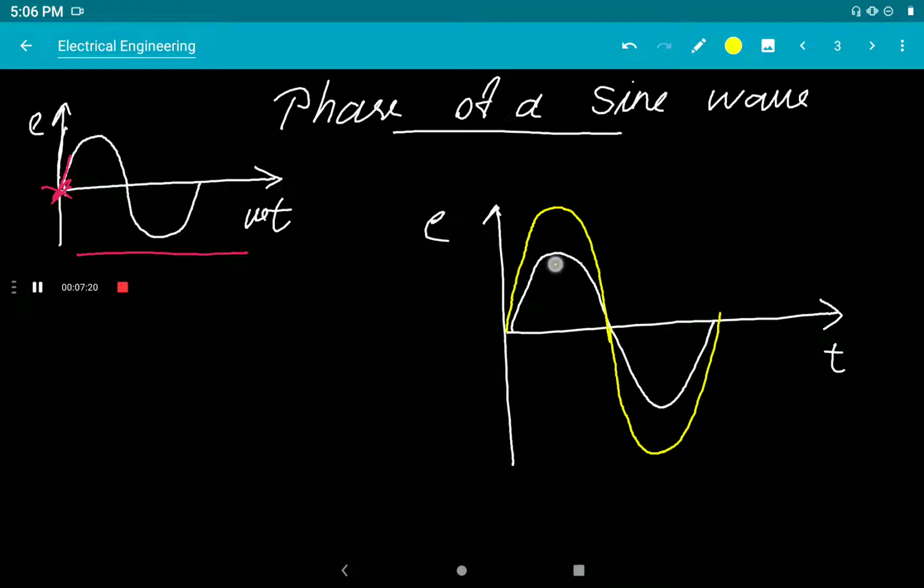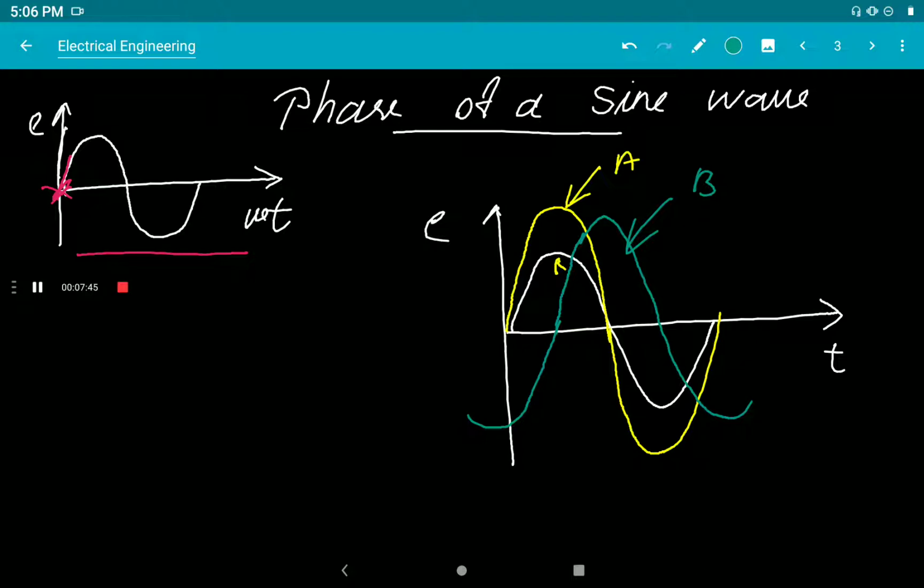So this one is the reference wave. This one is wave A, and another one which is going through 90 degree. That is wave B.